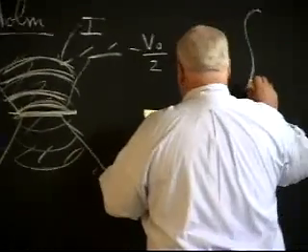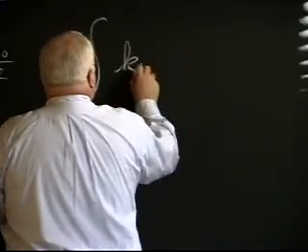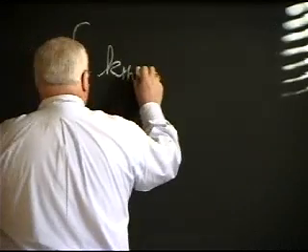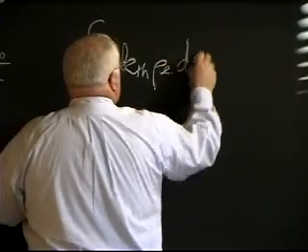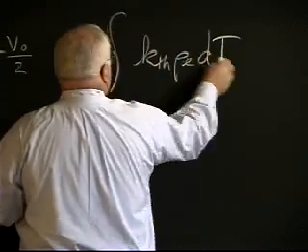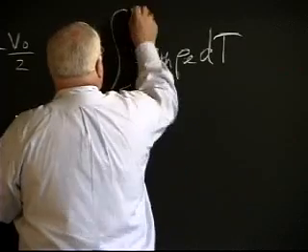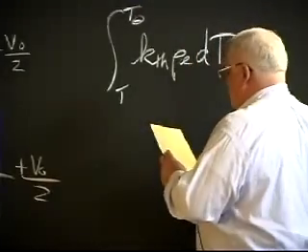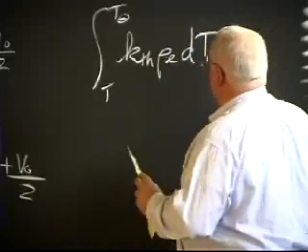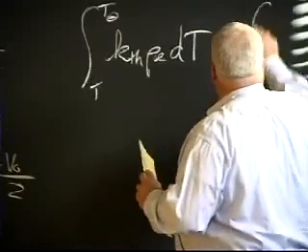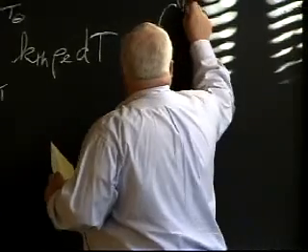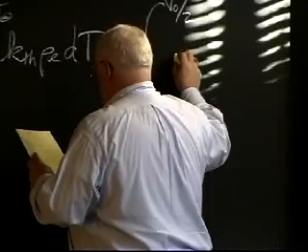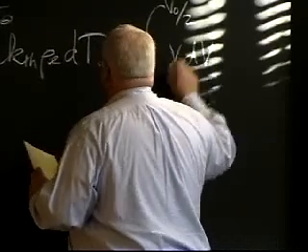But you end up integrating the thermal conductivity, this is just heat flow, times the electrical resistivity dT from T0 to T infinity, he does this dimensionless, and you do this from 0 to V0 over 2 of V dV.